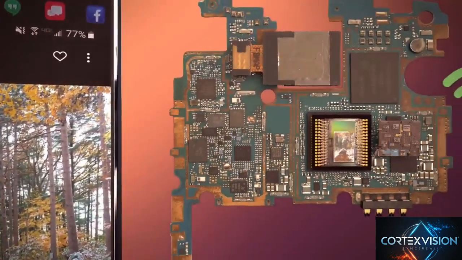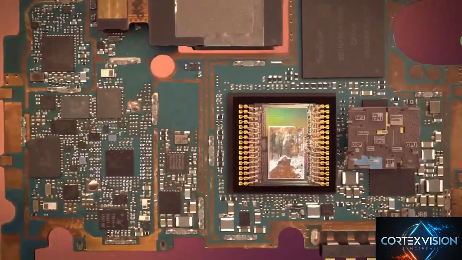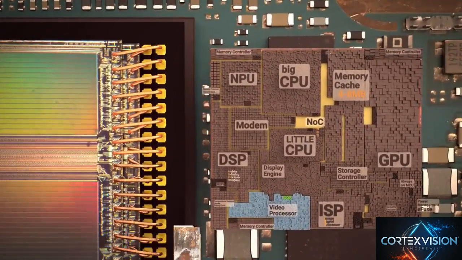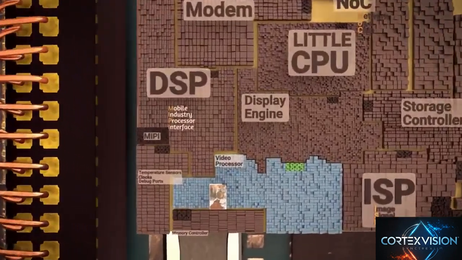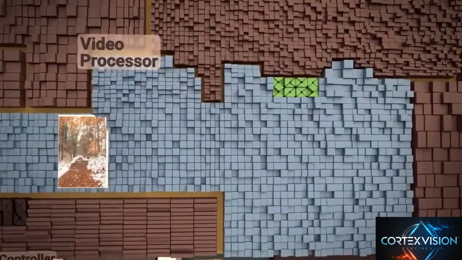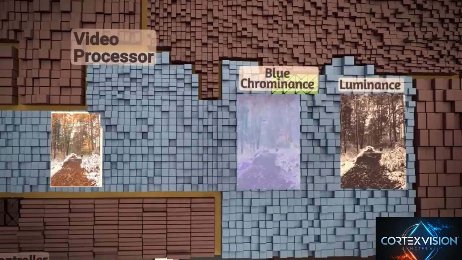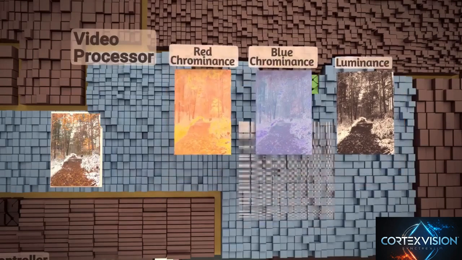How is the picture saved on your smartphone? Well, first the picture needs to be compressed, and to do that, the uncompressed image currently residing in DRAM is sent to a dedicated video coding processor, where it first gets converted from red, green, and blue values into YUV, or luminance, blue chrominance, and red chrominance values.